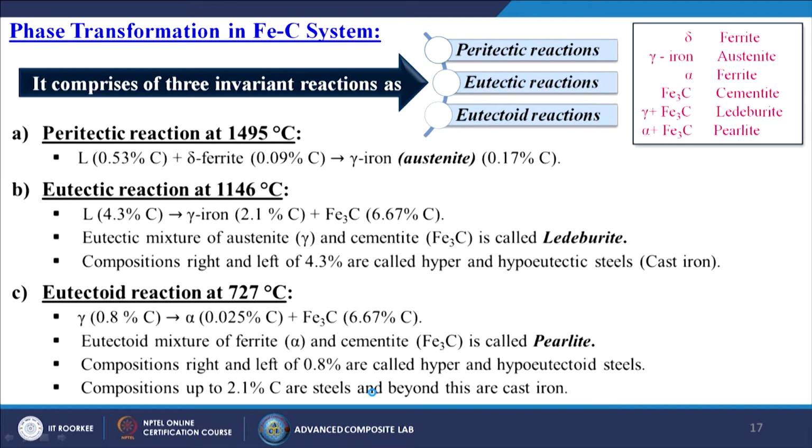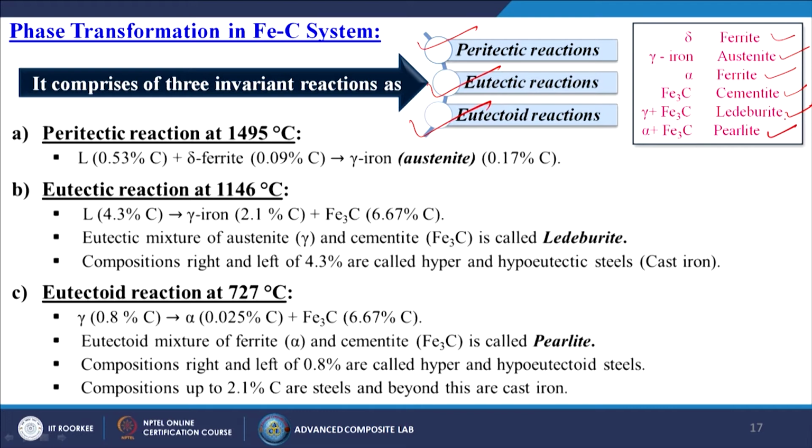Now phase transformations in iron carbon systems. It comprises 3 invariant reactions: peritectic, eutectic and eutectoid reactions. In this case, delta is ferrite, gamma iron is known as austenite, alpha is ferrite, Fe3C is known as cementite, gamma plus Fe3C is known as ledeburite and alpha plus Fe3C is known as pearlite.